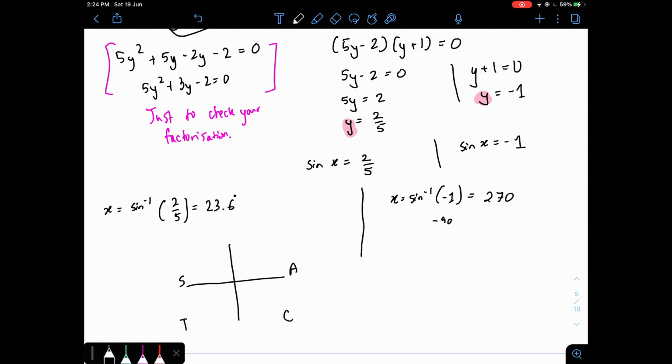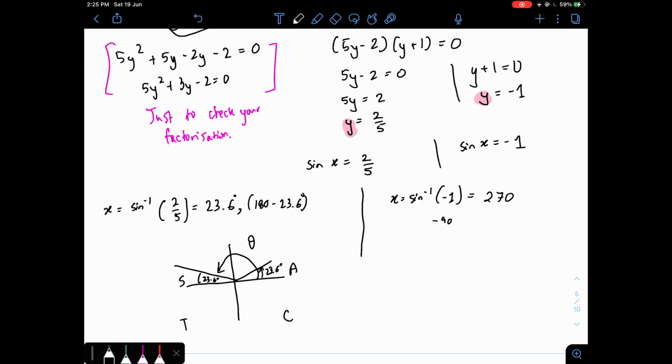We know that if this is 23.6 degrees, if we do 180 take away that answer, this is also going to be positive, 23.6 degrees here. So this is the angle here for our other solution. So it's 180 take away 23.6 degrees.